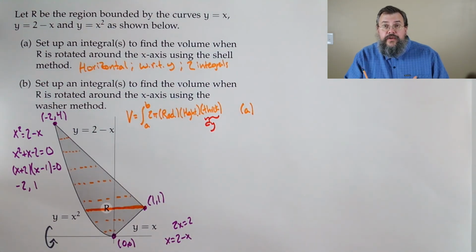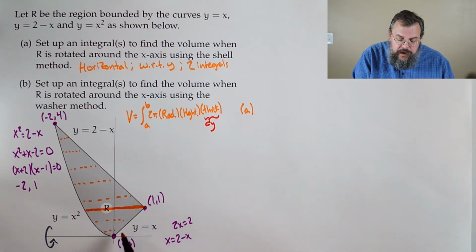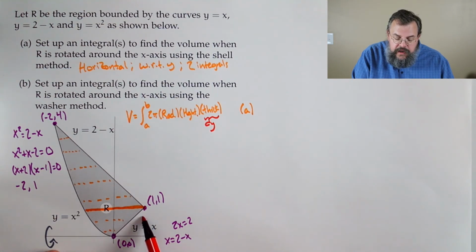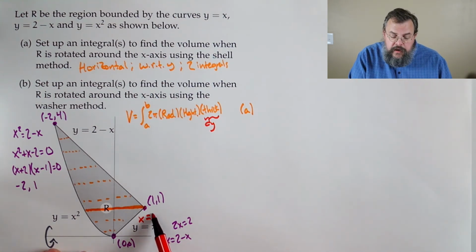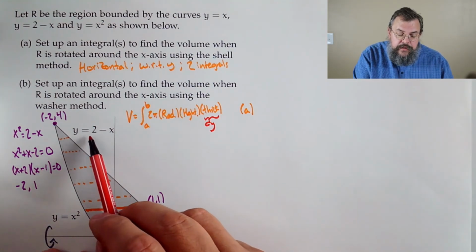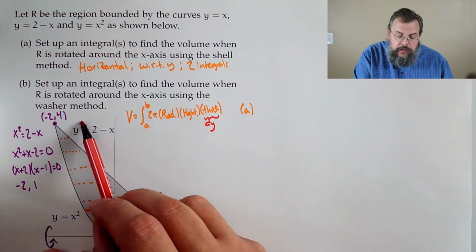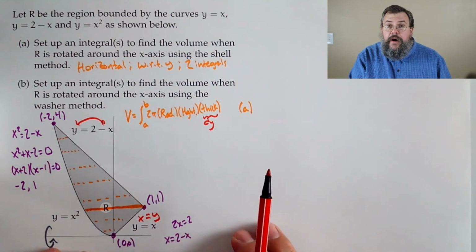Now, since we're integrating with respect to y, we really want to rewrite all the curves not just as y as a function of x, but as x as a function of y. So, for example, y equals x really can be the same as x equals y. Well, that one's not too surprising. y equals 2 minus x, we can swap the roles of x and y.